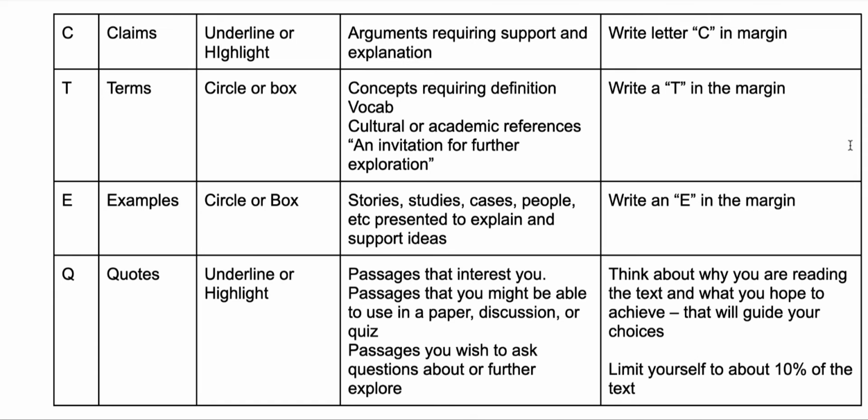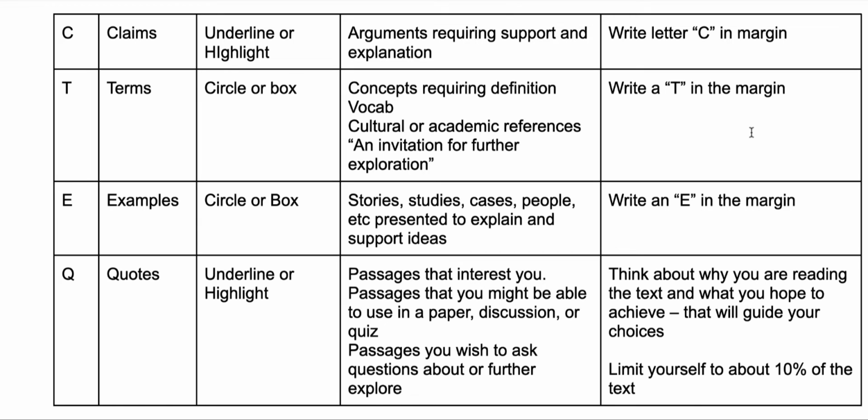The third letter in CTEC is E. It stands for examples. Examples are stories, studies, cases, people, situations presented in the text to explain and support the ideas of the writer. When you find an example, again, you're going to circle it the first time you see it and put an E in the margin.